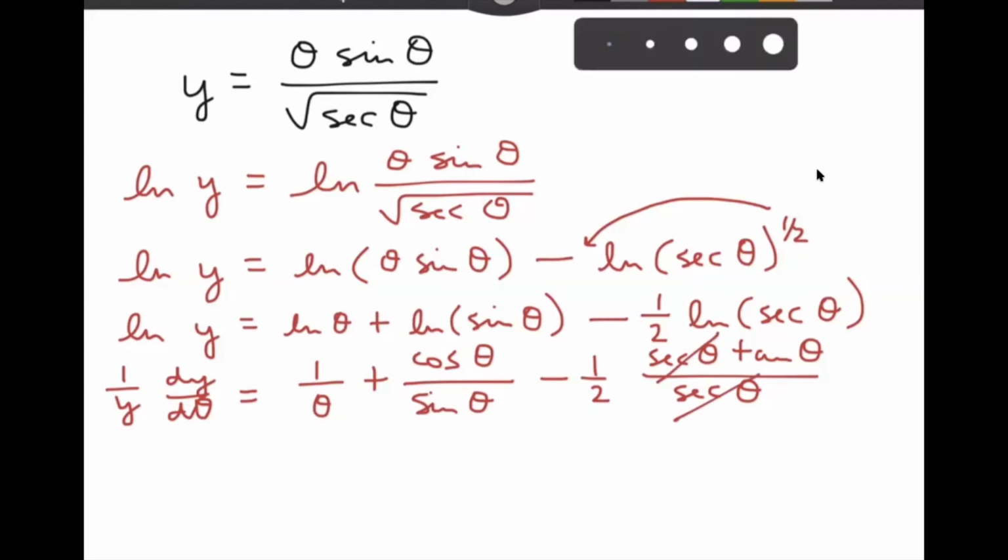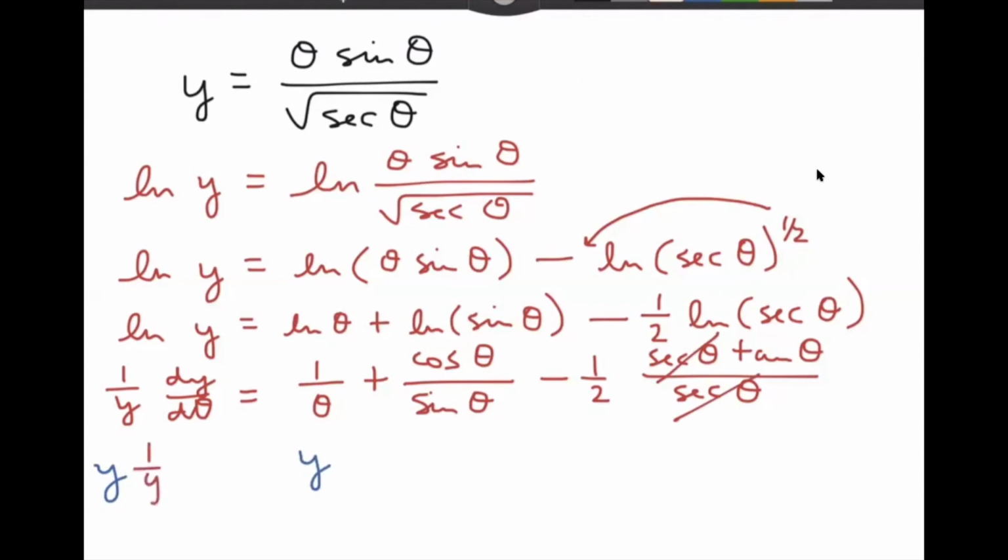Okay, so I am getting ready to multiply both sides by y, but at the same time, I am going to pretty things up a little bit over here. So we have 1 over theta, we have cotangent theta, and then here we have minus 1/2 tangent theta.